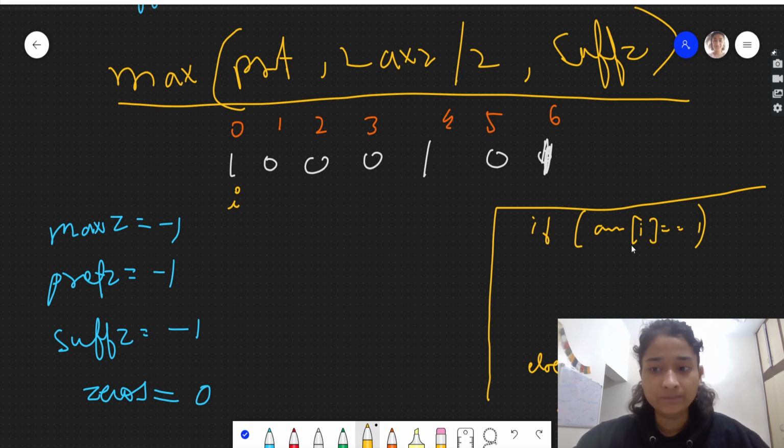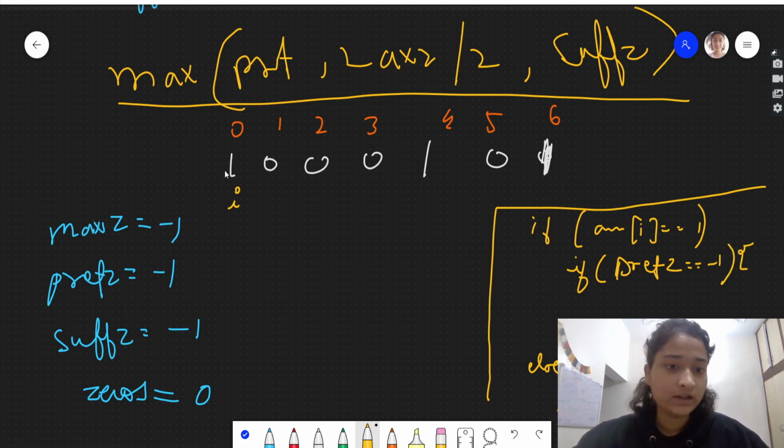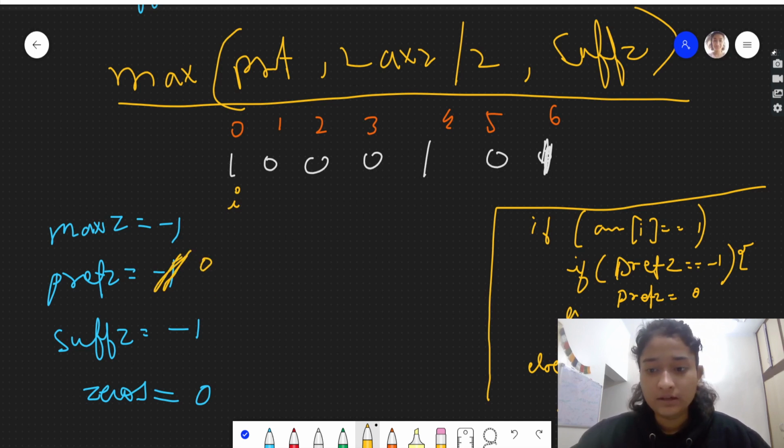But when we get 1, we need to check if the prefix zeros variable is equal to -1. Here we got our 1, but the prefix variable was -1, which means there are no prefix zeros. So just do one thing, make prefix zeros 0. There are no prefix zeros, right? Then there will be an else, which we'll see afterwards.